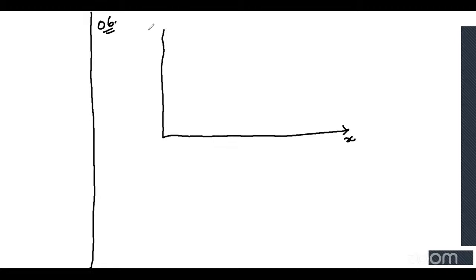Another example, let us consider the Cartesian coordinate system, that is XY plane. In this XY plane, I am having a point A having the coordinates x1, y1. And I am having a point B having the coordinates x2, y2.